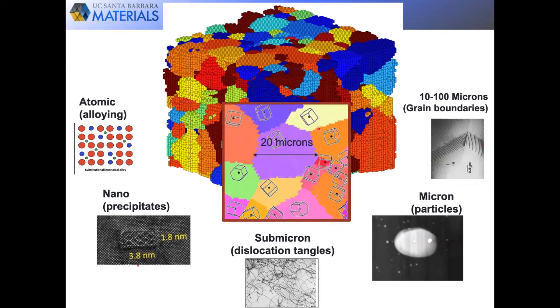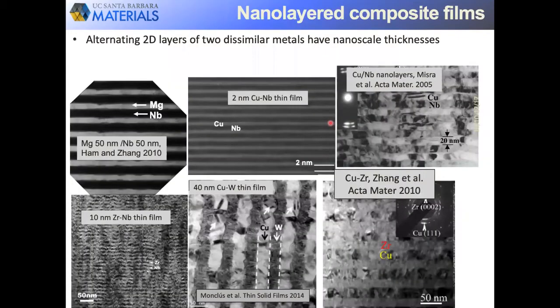Those are common methods to strengthening a metal. So one effort towards strengthening has been to form the ultimate strengthener, I would say, the ultimate blocker to dislocation motion, which are walls of these bimetal interfaces.